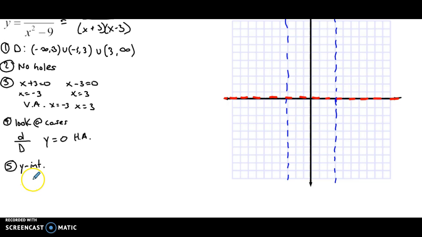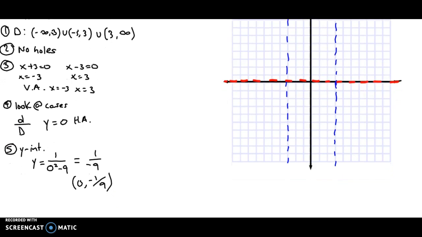So we have y equals 1 over 0 squared minus 9, which equals 1 over negative 9. So your y-intercept reads 0, negative 1 over 9. So that is our y-intercept.